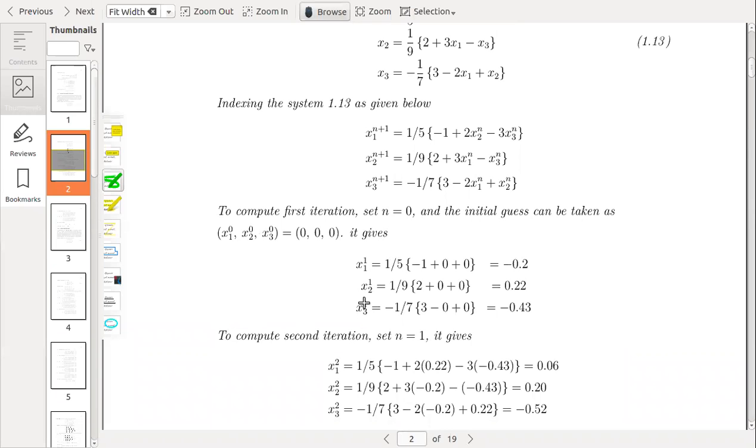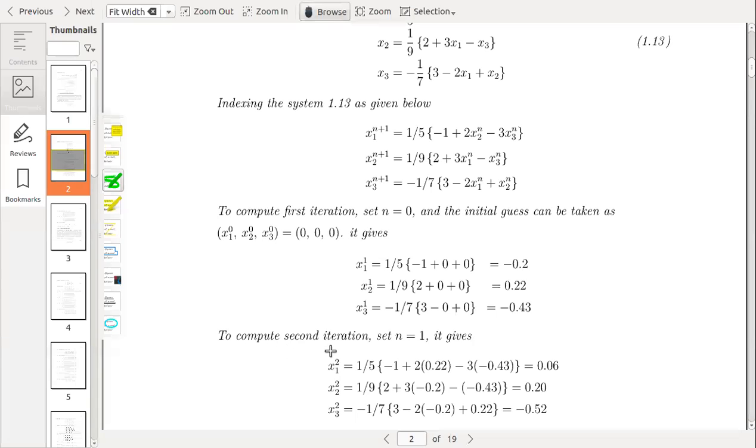The subscript shows the variable x1, x2, x3, and the power 1 shows that it is the first iteration. Just put 0 here and you get 0, 2 plus 0 minus 0, then 3 minus 0 plus 0. So this will be equal to -0.2, 0.22, and -0.43.